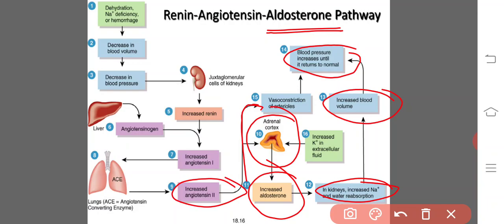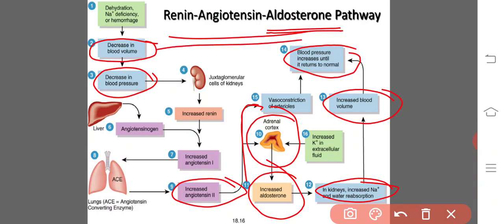So the decreased blood volume and decreased blood pressure are corrected by the RAS pathway. That is the renin angiotensin aldosterone system. It acts like a feedback mechanism, and thereby it balances the urine production.